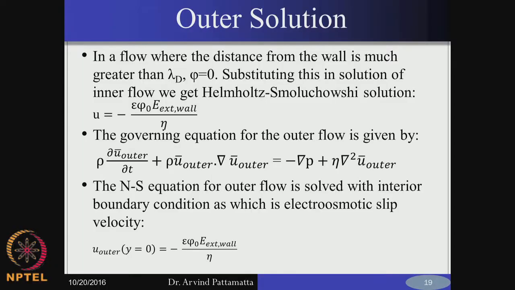You have the viscous diffusion, and you may also have the developing region where the inertial terms cannot be neglected. If you want the full solution, you can still solve it in a conventional way, but with the Smoluchowski slip boundary condition at y equal to 0.